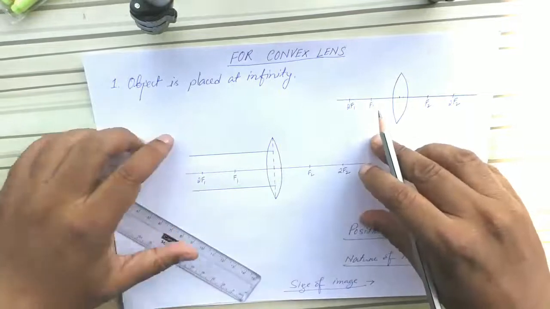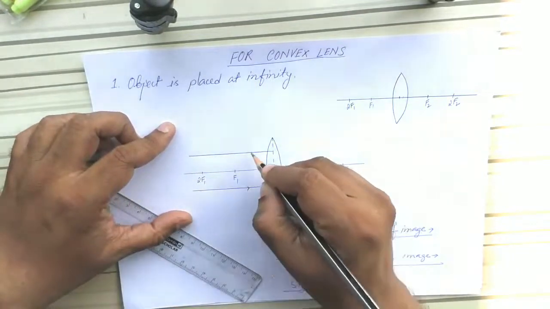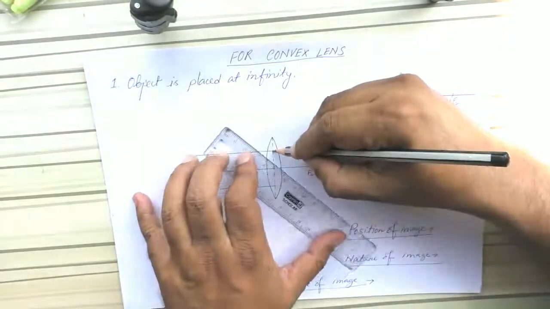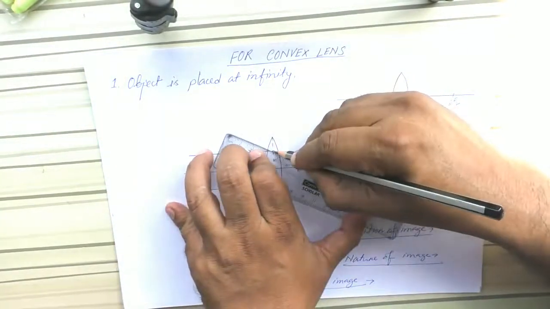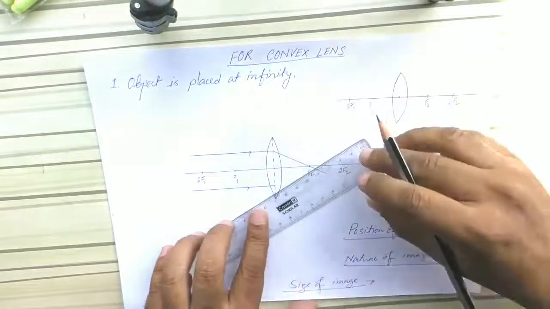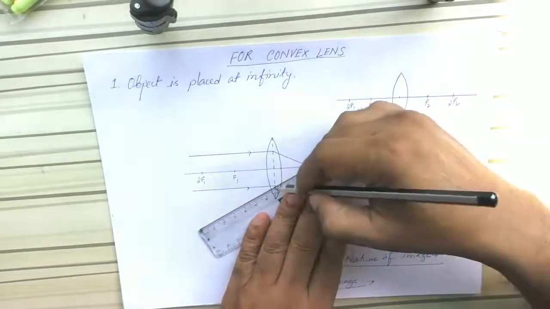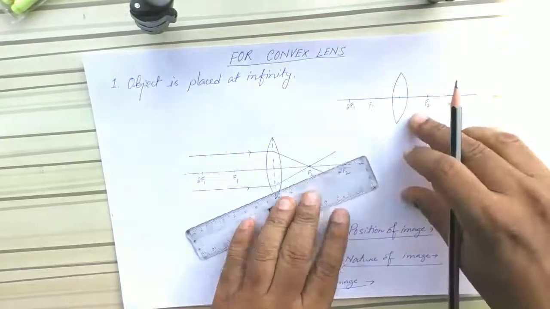So I am considering 2, and these are the incident rays. And according to the rule, these 2 light rays after refraction will pass through focus. As we discussed the rules, this one will also pass through focus.